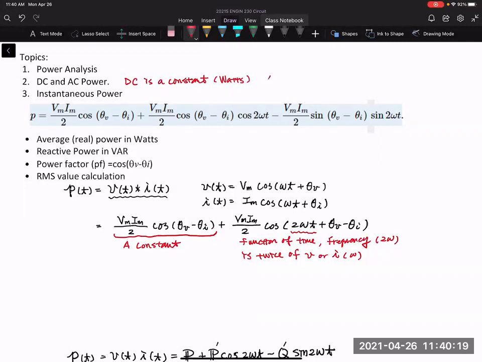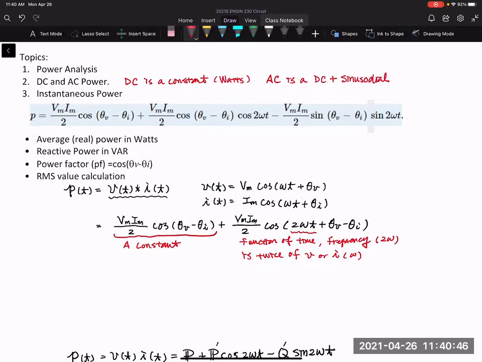Well, the AC power is a combination of DC with a sinusoidal. Okay, it's not just simply a number, it's an equation. Actually it is a time dependent equation.